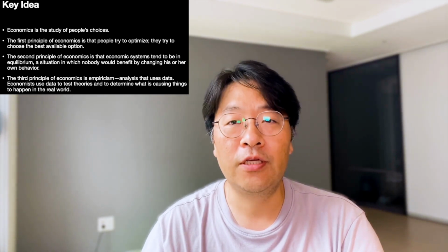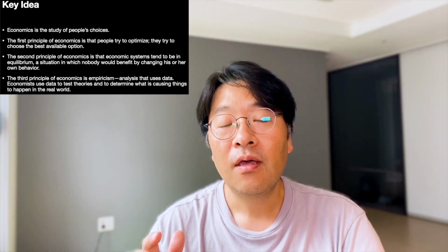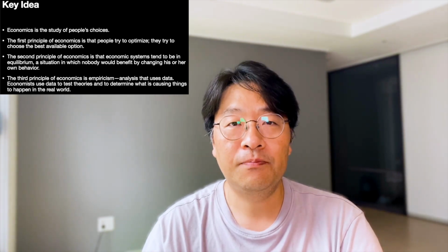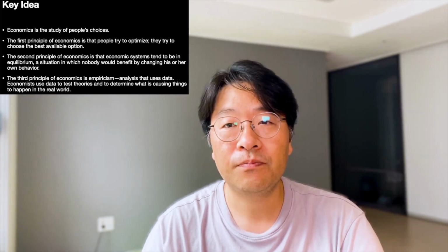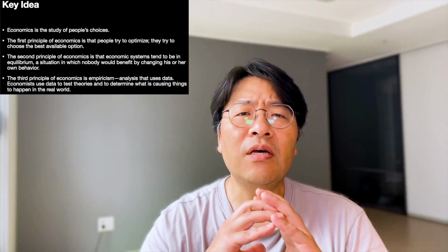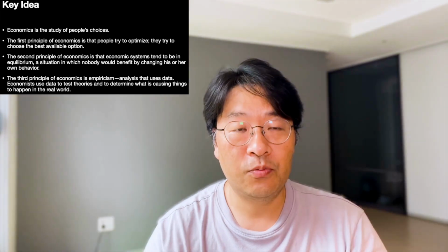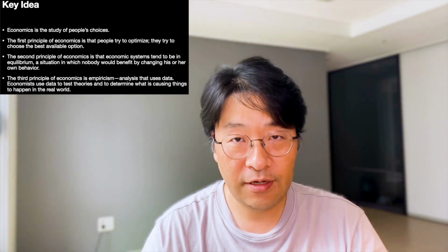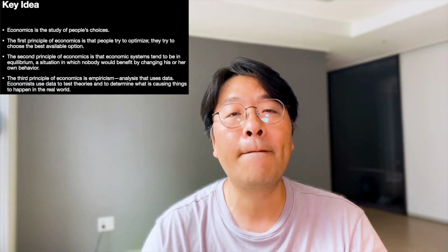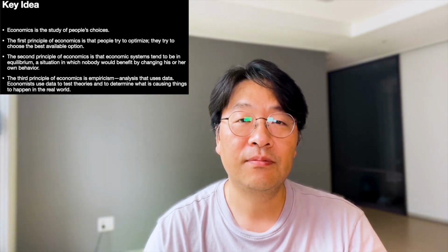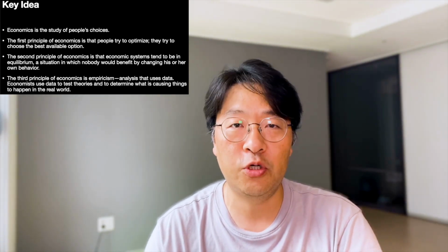So the first principle of economics is that people try to optimize. They think really hard to make better or the best solutions or decisions. So there are a lot of options, but limited options because of limited resources. In other words, scarcity. Because of scarcity, we make a better decision, the best decision. In other words, optimization. The first principle, optimization.